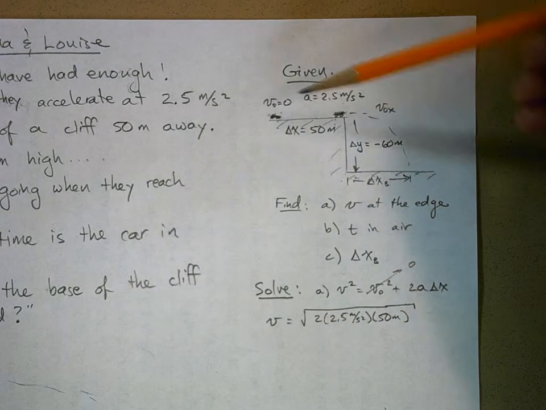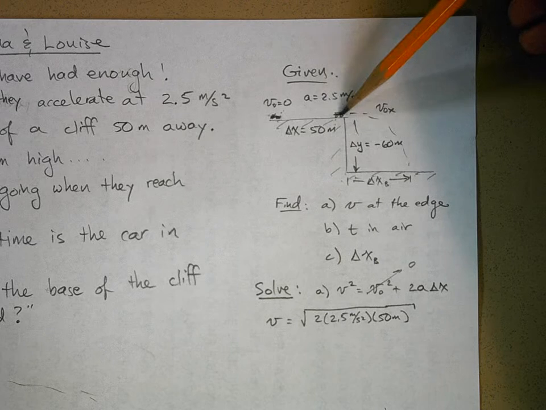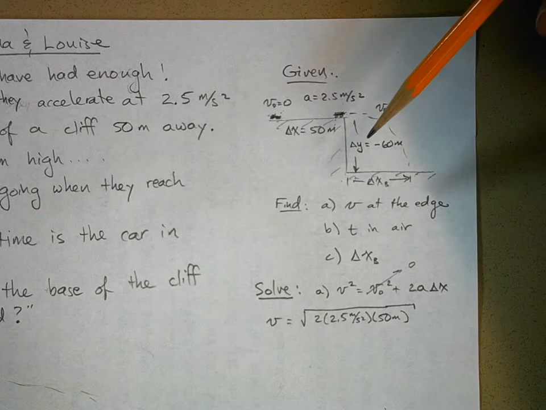Remember, this first part, we're looking at the problem from here to here. It's not projectile motion yet. It's just a constant acceleration problem like we did in Unit 2.